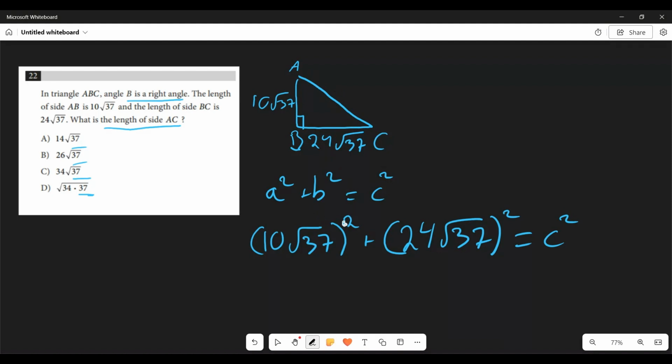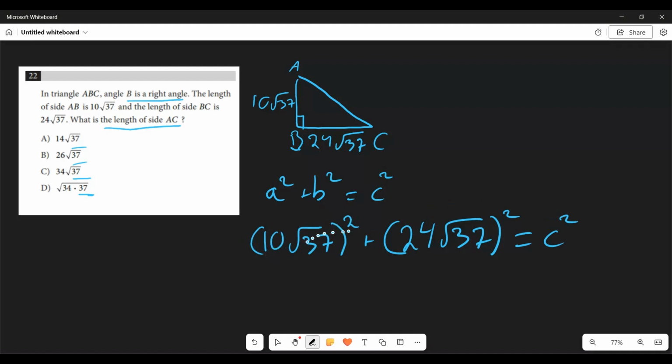Let's try and keep everything in terms of root 37, or 37, because all our answers are given in terms of root 37. That tells me they want us to keep this root 37 around and not merge it into any other number or simplify any further. So with that in mind, let's start evaluating these expressions.